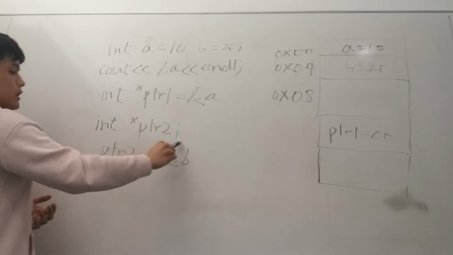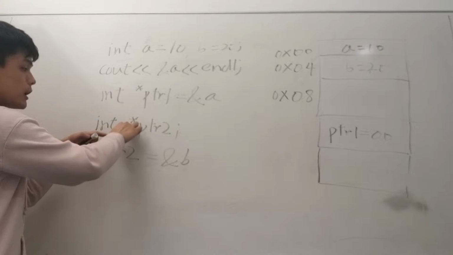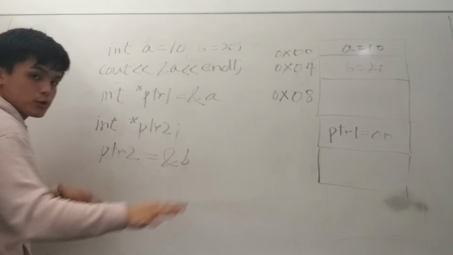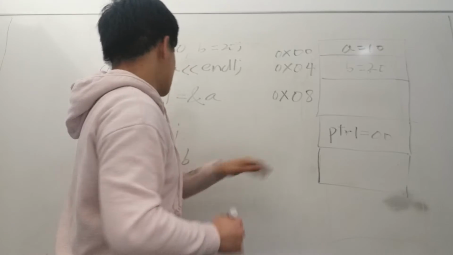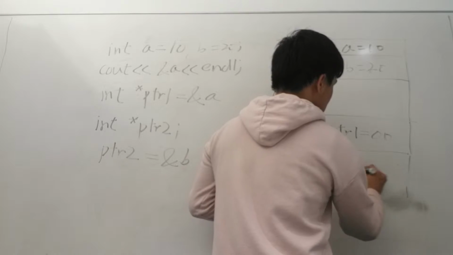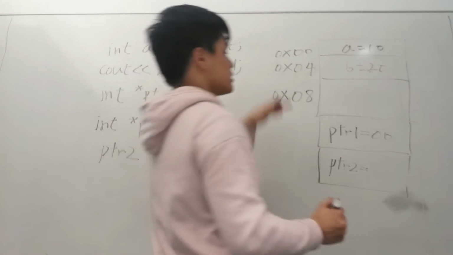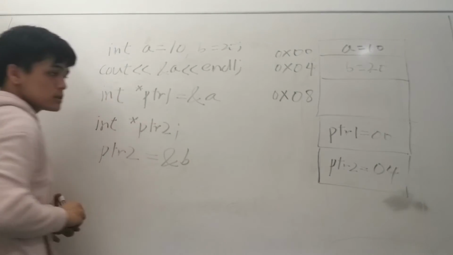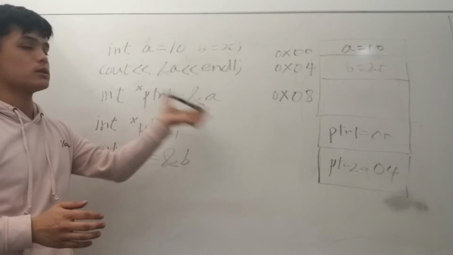So this line is telling the compiler that I have an object that is an integer pointer type called ptr2, and I'm setting its value to the address of object b. What happens in the memory is that it gives another block of memory, names it ptr2, and sets the value to the address of the object that it's pointing to, b, so it's going to be what? 0x04. Okay, so this is what happens in the memory when we have a pointer pointing towards another object.